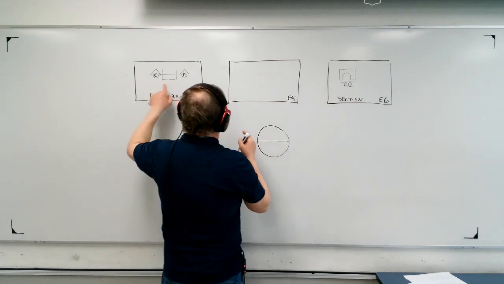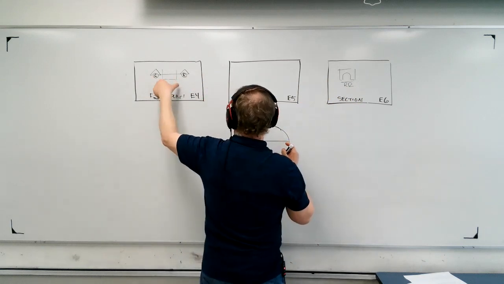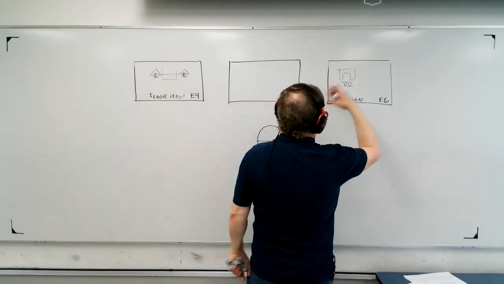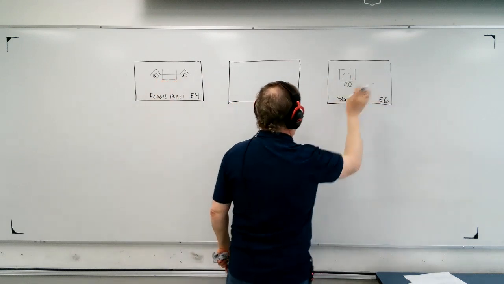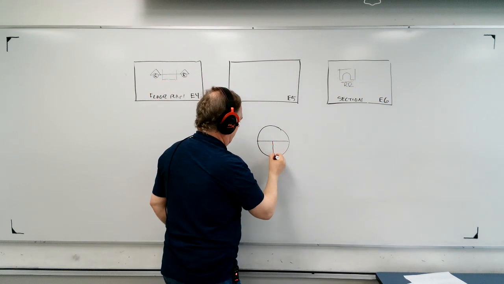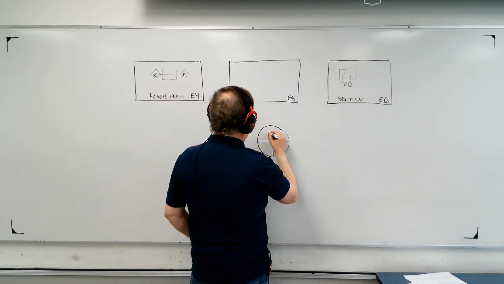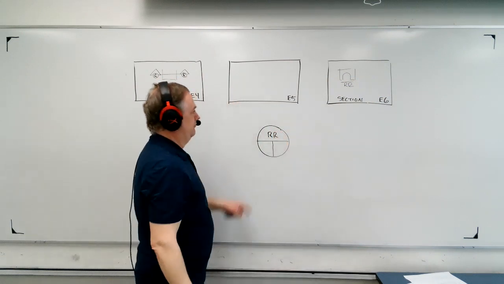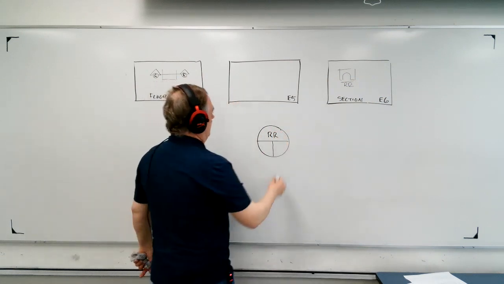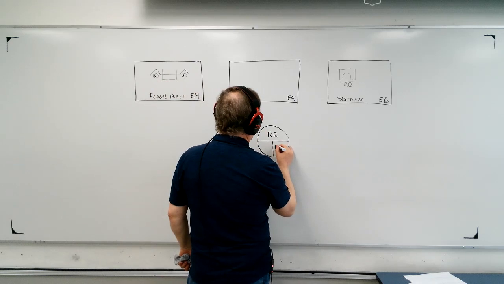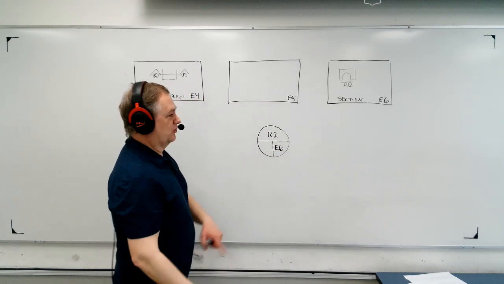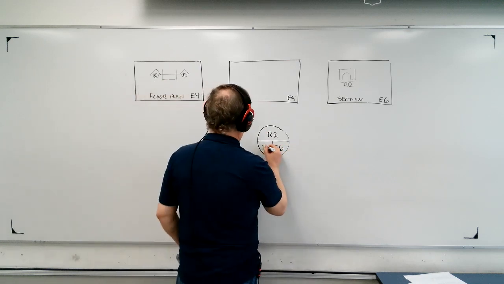But when it's a floor plan like this, and the actual section is shown on a different page, then this is split like this. In this case, this would be section RR. This is section RR, and the section is actually shown on E6, and it's referenced from E4.